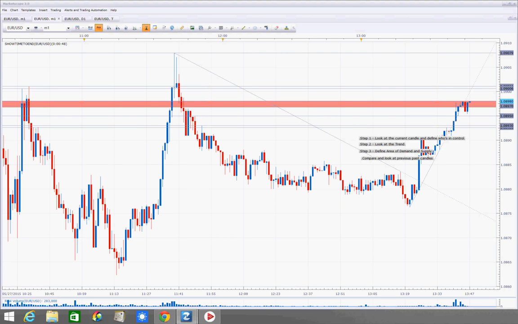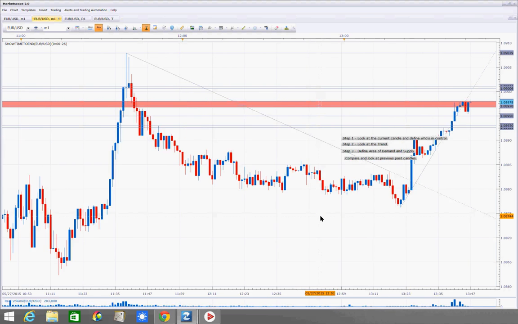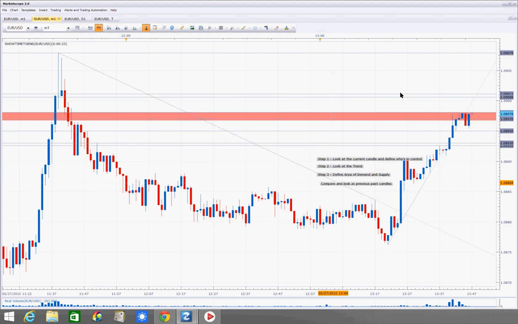Okay. Now the price to beat is 108.98, to head towards 109.01.